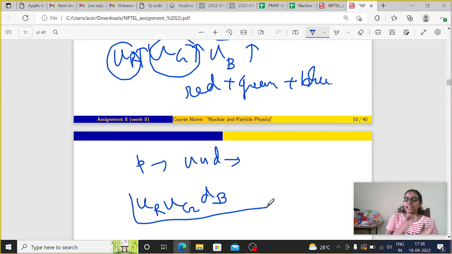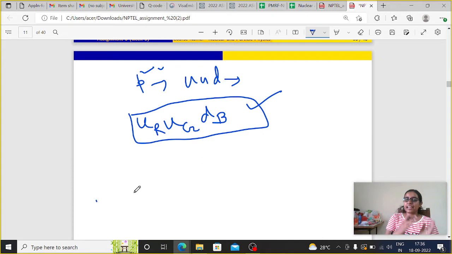These combinations should be there, because otherwise the proton would be a colored particle, but the proton is not colored, and all of elementary particle physics says the proton should not have any color. So to make a colorless particle, we use RGB naming.